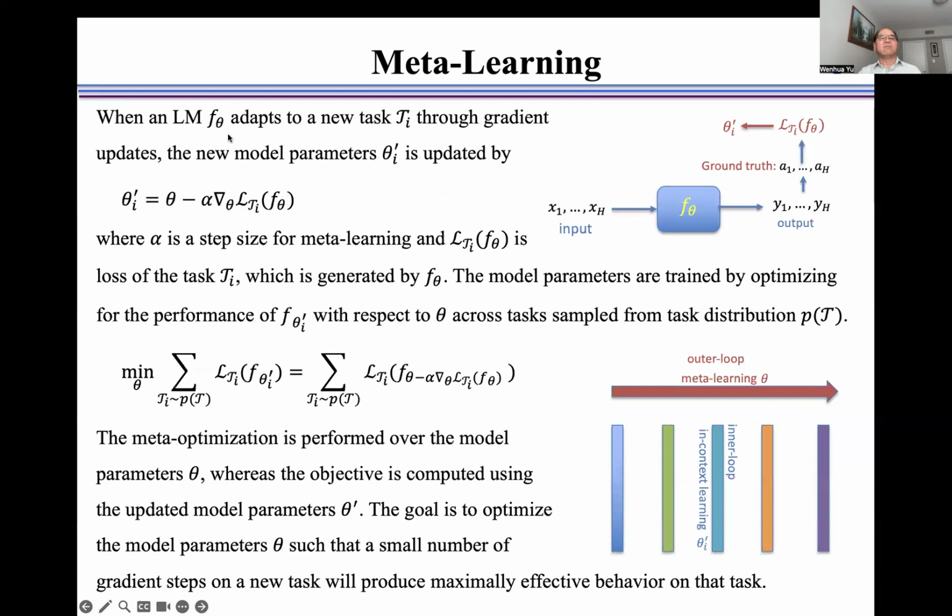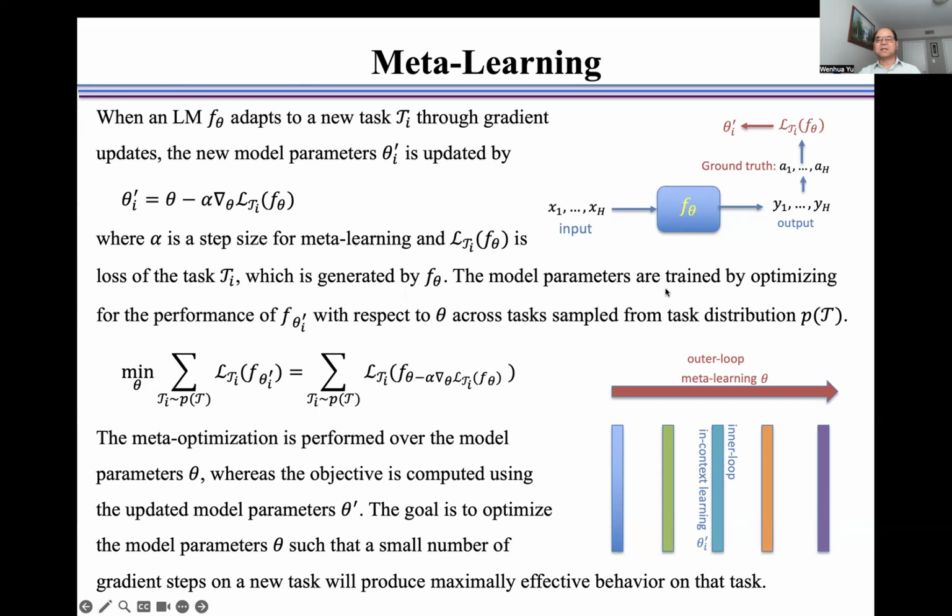When a language model alpha theta adapts to a new task Ti through gradient update, the new model parameters theta i prime are updated using this formulation as shown here, where alpha is the step size for meta learning and L_Ti is the loss of the text Ti, which is generated by model alpha theta.